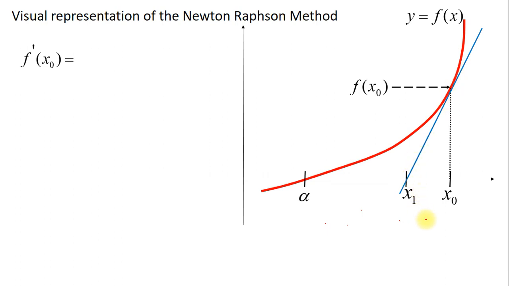Now at the same time, the gradient of the tangent is also the ratio between f naught, this one, over this distance, x naught minus x1. In other words, if I divide the vertical height here with this distance, x naught minus x1, I will also get the gradient of the tangent.